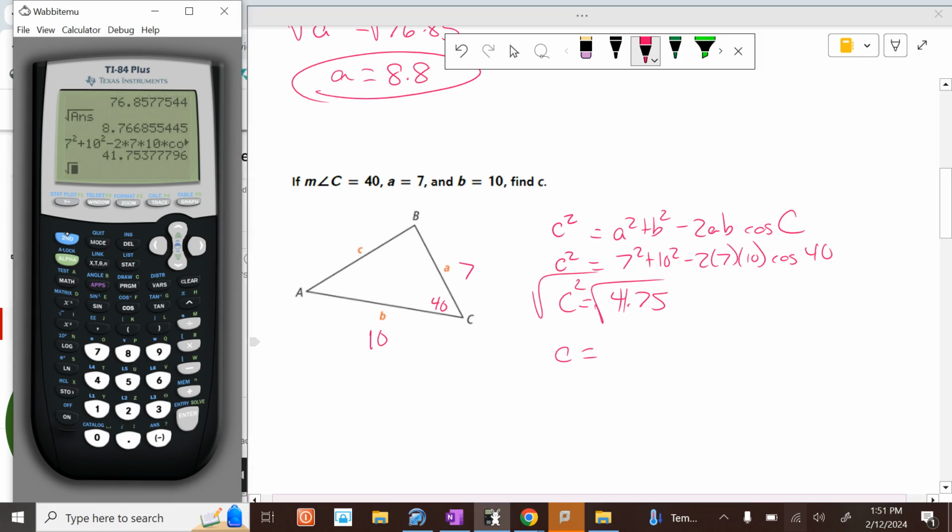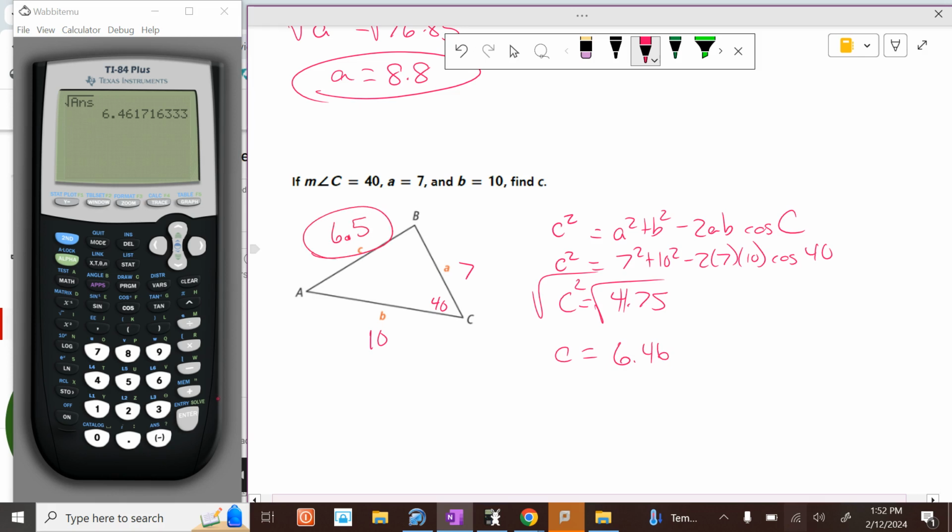Second square root of the answer. And 6.46, which is 6.5 rounded to the nearest tenth. Okay, those are the easy ones. Finding a side.